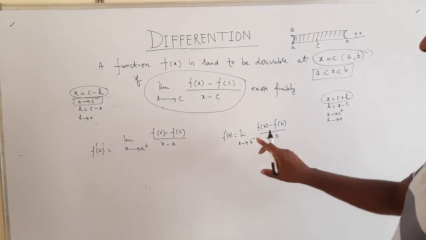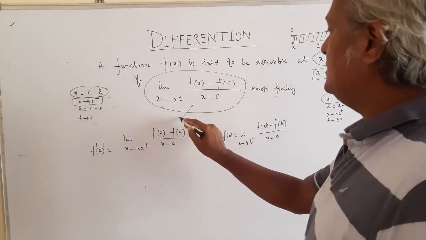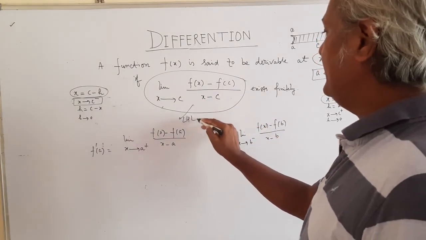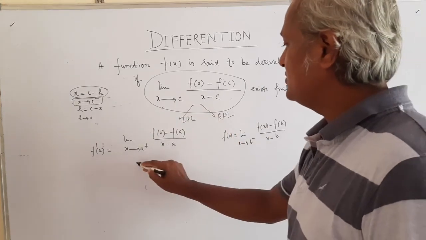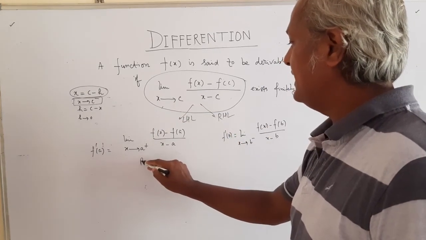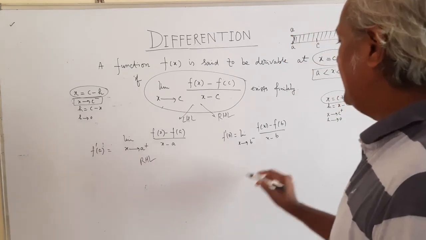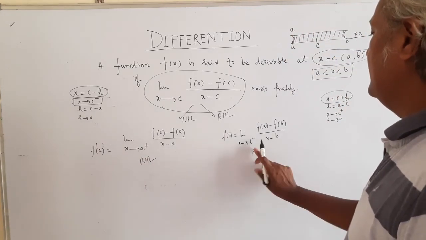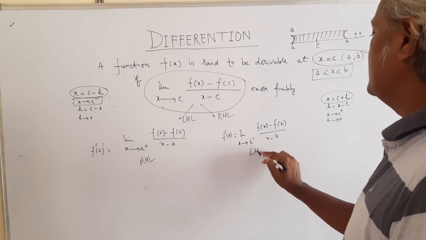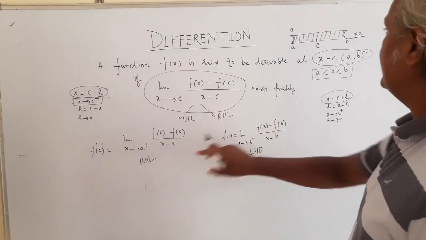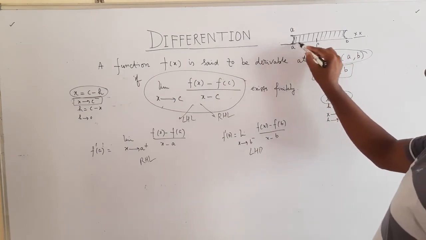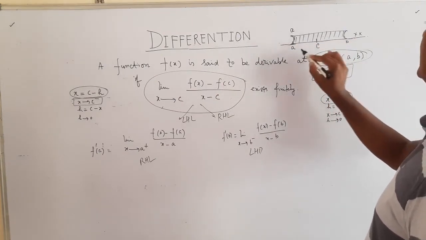So here, like at c, you have to find both left hand limit and right hand limit, but at these two extremes, here only you have to find the right hand limit, and here only the left hand limit, because it is not possible to find the right hand limit in this case and the left hand limit in that case, because the point is defined just like this.